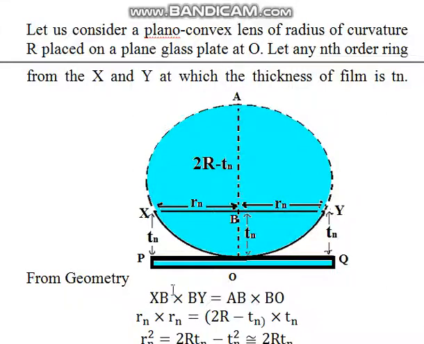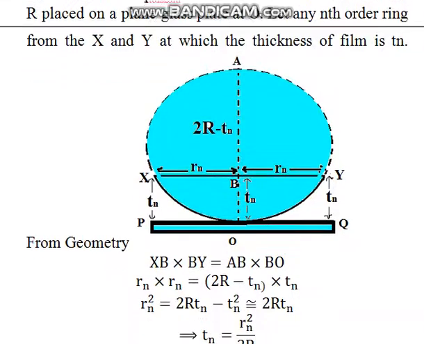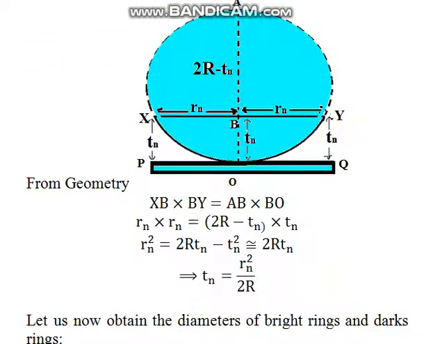Here we apply this formula from the geometry of the circle, and let's put in the different values. XB multiplied by BY is rn multiplied by rn, which is equal to AB multiplied by BO, that is twice R minus Tn multiplied by Tn. Here you can obtain this expression, and finally we neglect the Tn square term, because it is very small.